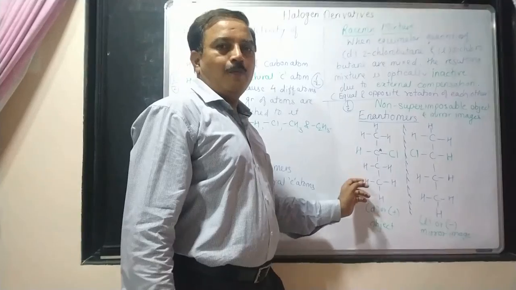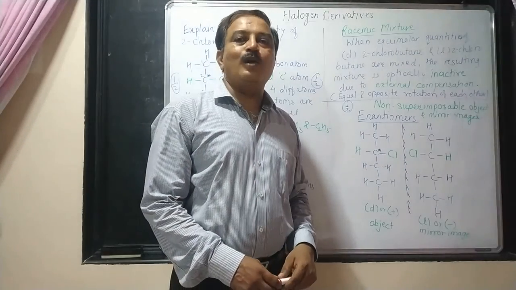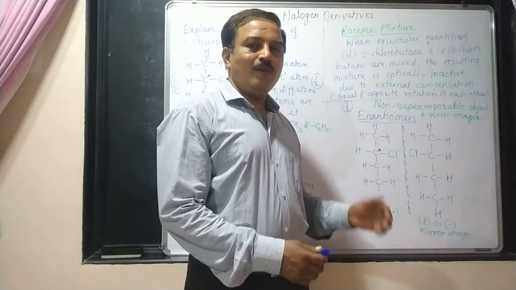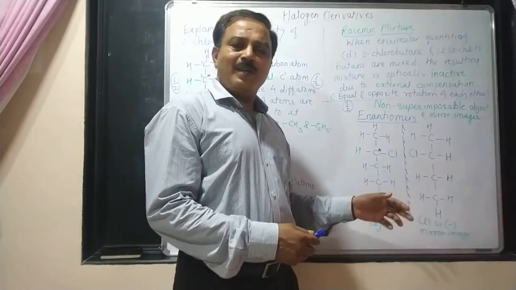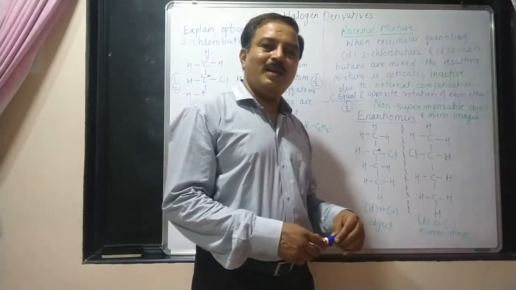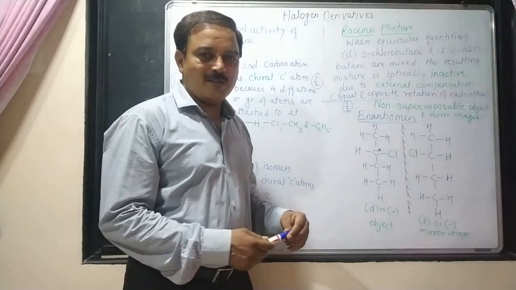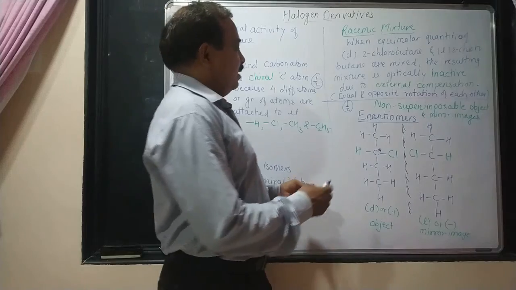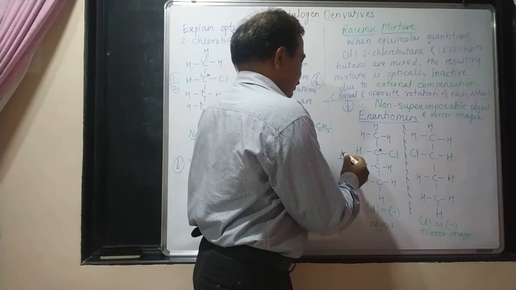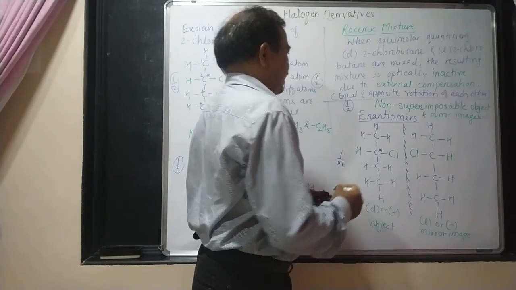So therefore, object and mirror image are non-superimposable. Such optically active compounds whose object and mirror image are non-superimposable are called enantiomers or optical antipodes. For this diagram, you will get another 1 mark.